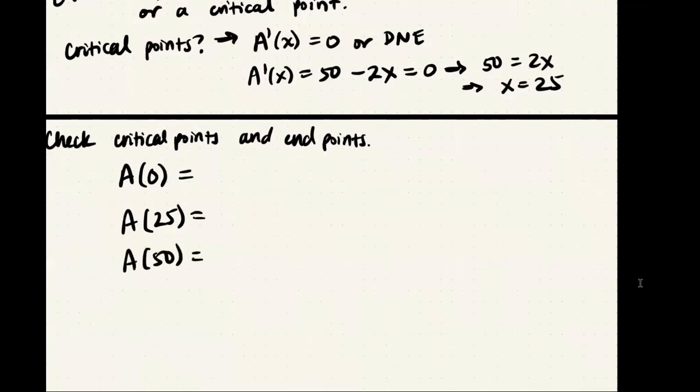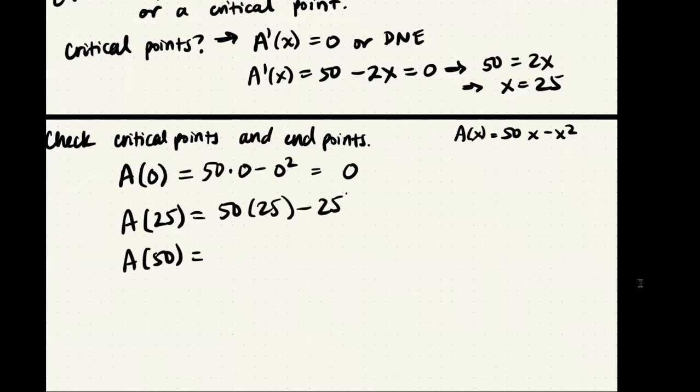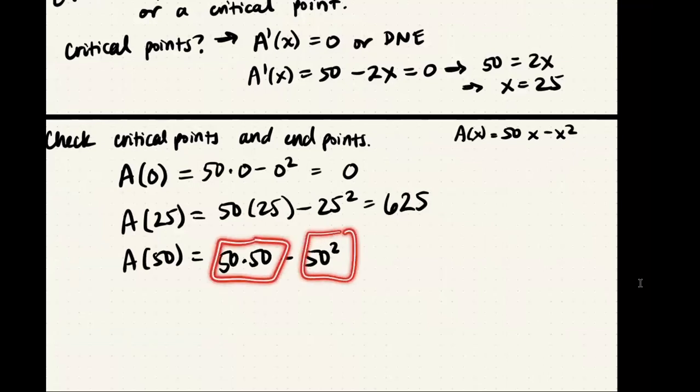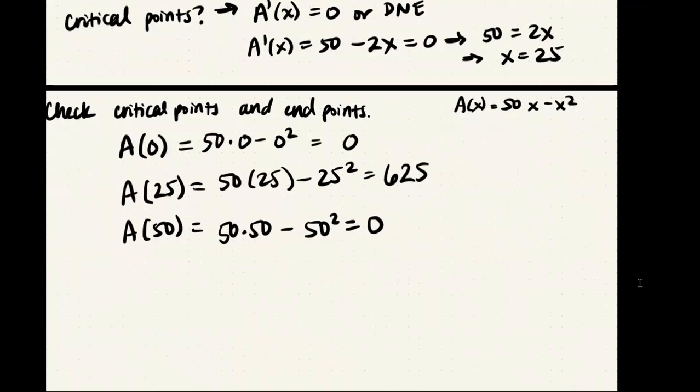So if I evaluate A of x, and just as a reminder, A of x was 50x minus x squared, if I plug in 0, I will get 0. If I plug in 25 for x, you can check this in a calculator, or you can go off to the side and do some scratch work, you'll get 625. And if I plug in 50, I'll have 50 times 50 minus 50 squared. 50 times 50 is the same thing as 50 squared, so I'm going to get 0 here too.